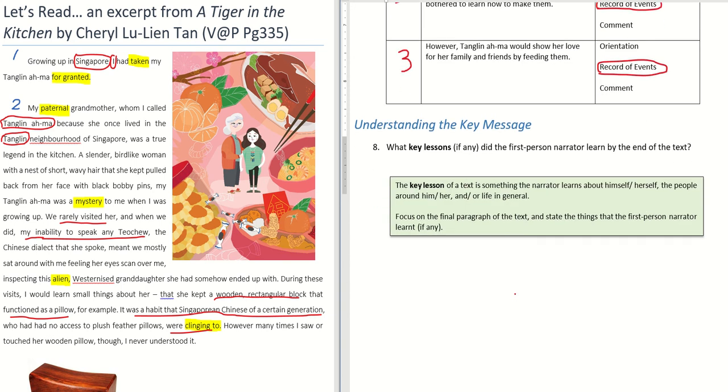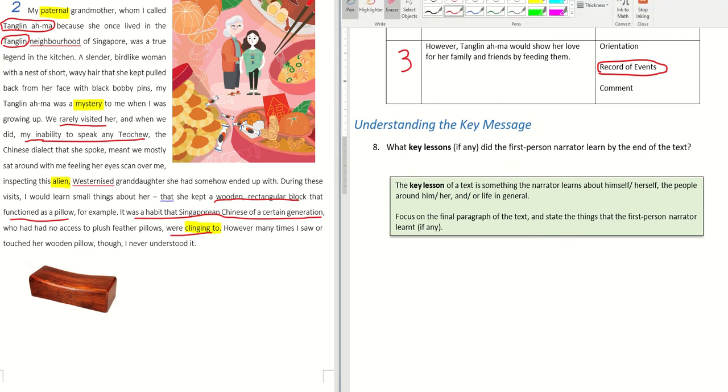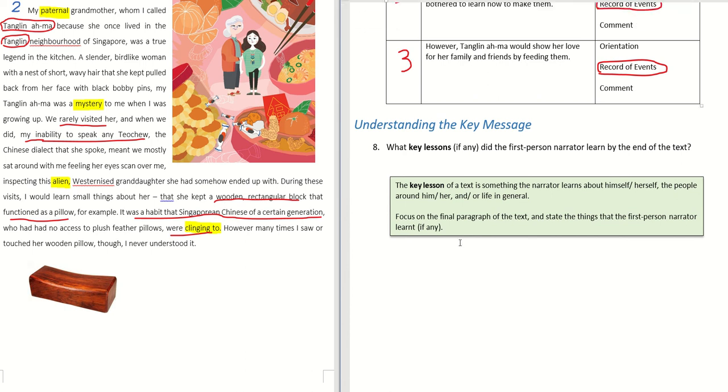Okay, so what lessons, if any, did the first person learn by the end of the text? Okay, so what did she learn? At the end of the text, I guess some of the things that she learned would be, for example, she couldn't understand her Tanglin Ama.